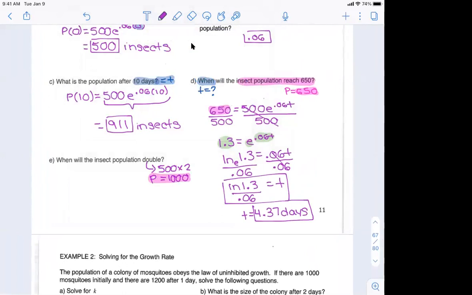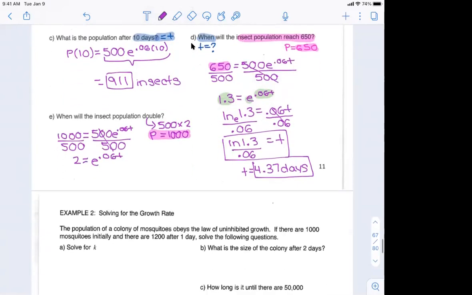So let's plug in the P. We have 1,000 equals 500 e to the 0.06 t. Same thing that I did in the last one. I'm going to divide both sides by 500. That's going to get me 2, which is like the doubling that it's asking about. You're going to do the same thing and turn it into a natural log, putting the three parts where they go. So natural log base e of 2 equals 0.06 t.